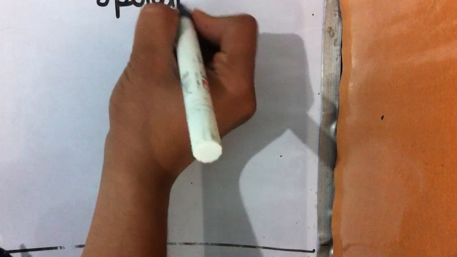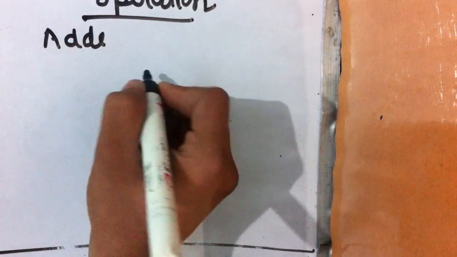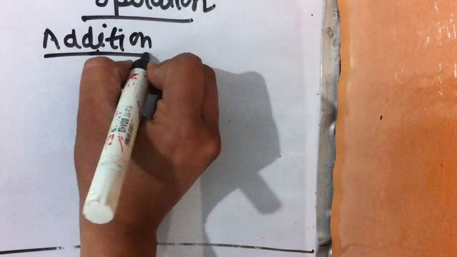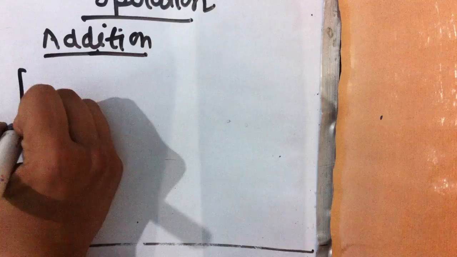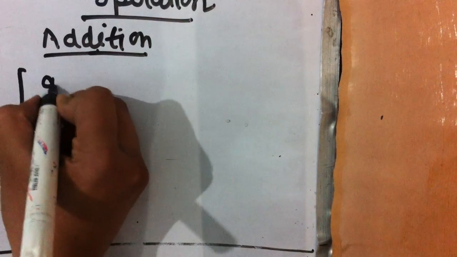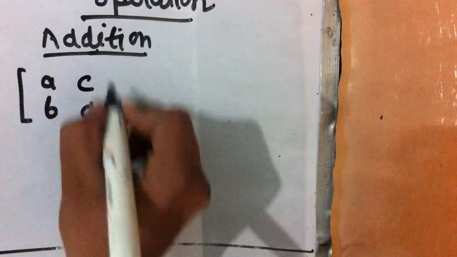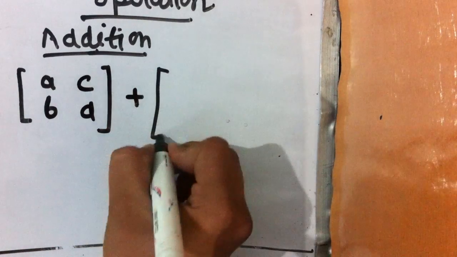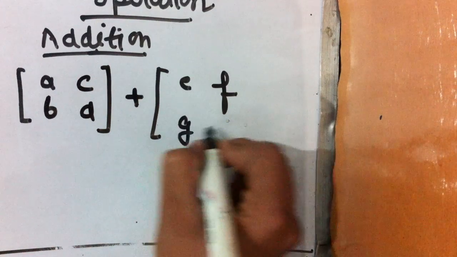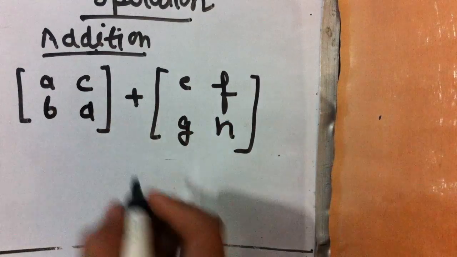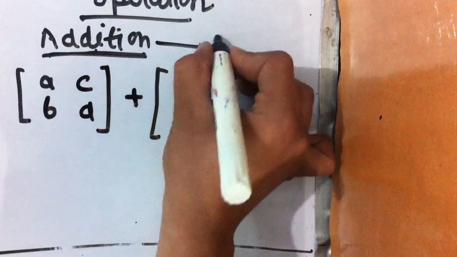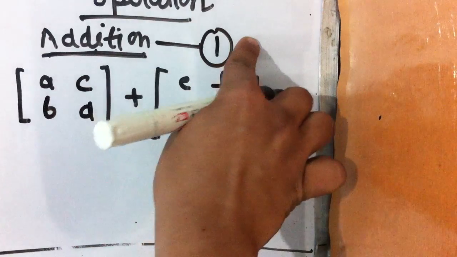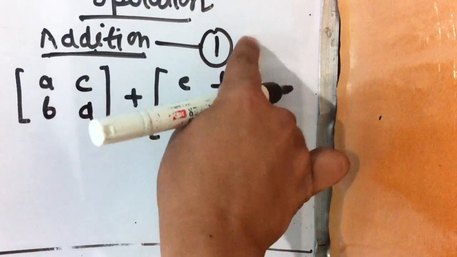Now we'll talk of operations on matrices. That is how matrices can be added, subtracted, multiplied or divided. Now for addition, suppose our matrix is A, B, C, D on addition with another matrix E, F, G, H. For addition, the first condition discussed in the equality of matrices must be satisfied.